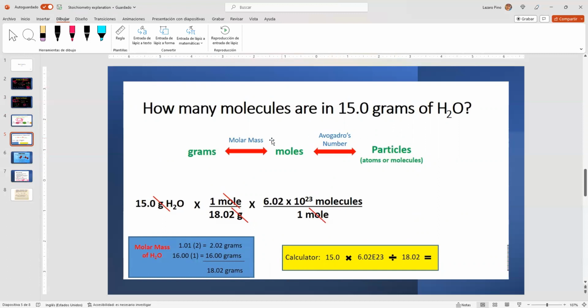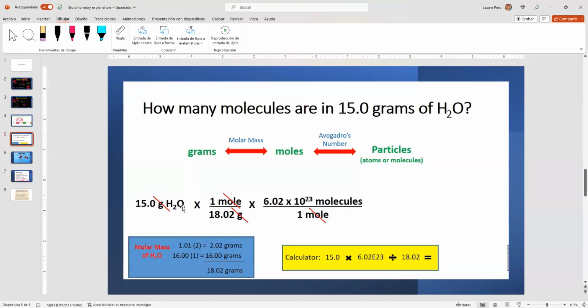In this case, in the first part, it's the same operation we have already done, but in order to go from mole to particles, in this case atoms, then you have to multiply by the Avogadro's number. Remember that 1 mole of any substance has 6.02 times 10 to the 23 molecules.